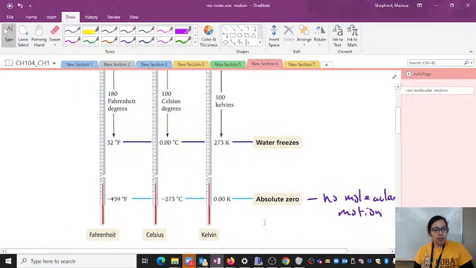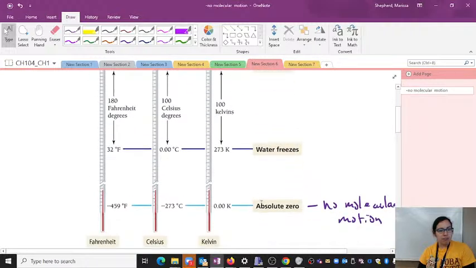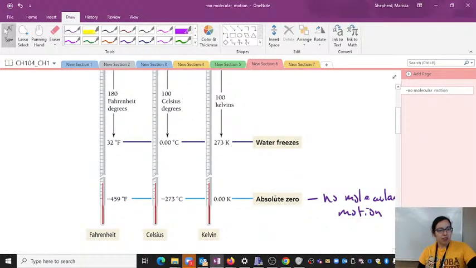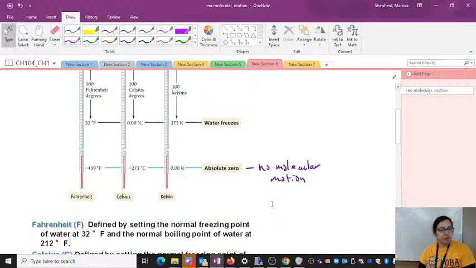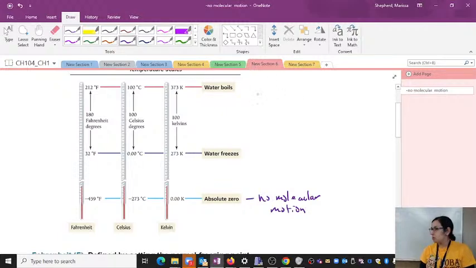So what's interesting about the Kelvin scale and the Celsius scale is that they are just off by a factor of 273, and so that's an easy way to convert. Temperature in Kelvin equals temperature in Celsius plus 273.